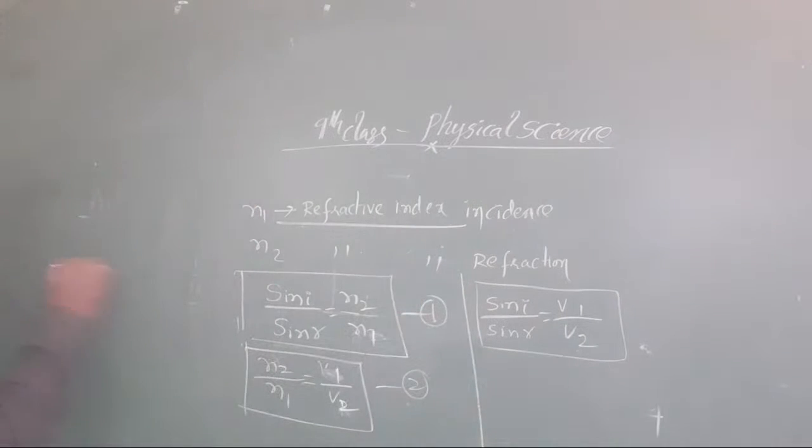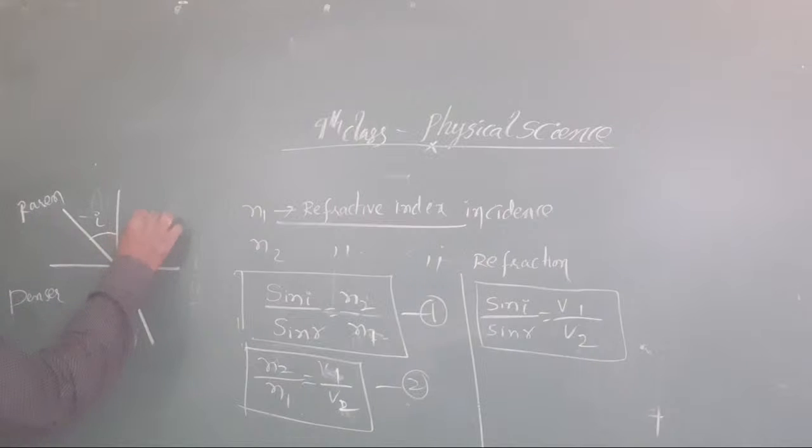Suppose I am taking the rarer media here. The light enters from the source and falls on the rarer media, which becomes the angle of incidence. When it enters the denser media, our light ray bends towards the normal. This angle is R.